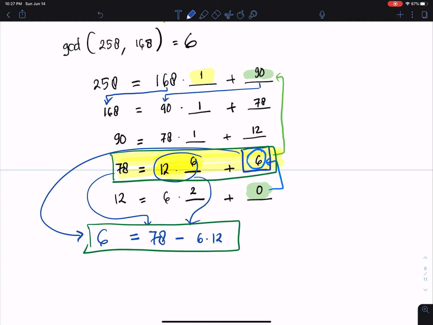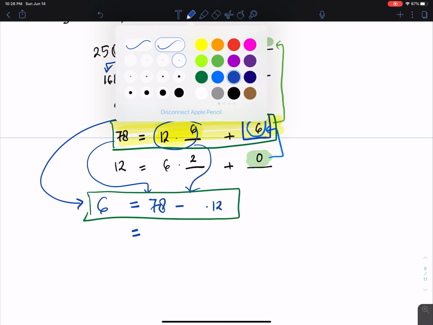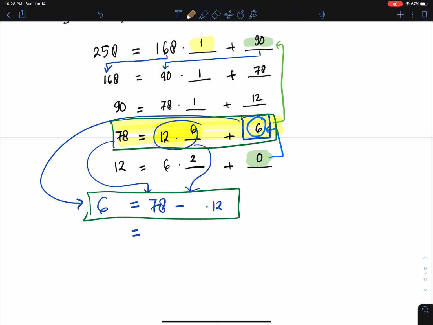You will see on the next step why I put it that way. Okay, so now we will continue this one. We already have 6 is equal to 78 minus 6 times 12. So the 6 earlier is the number that we use for the multiplications. I will use a different color here so that you can easily see that. 6.